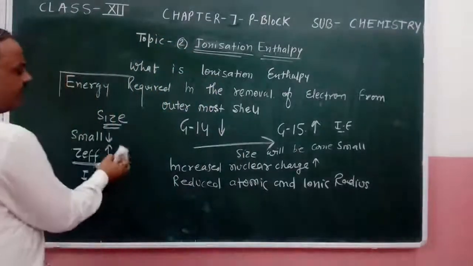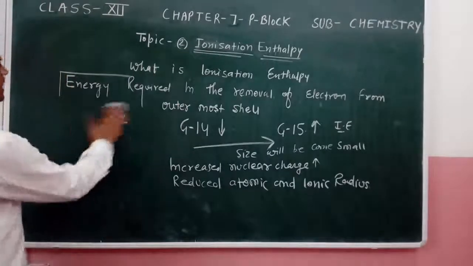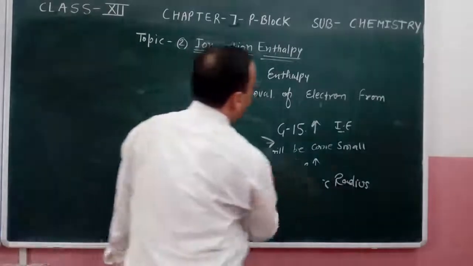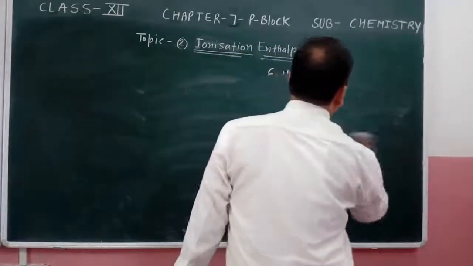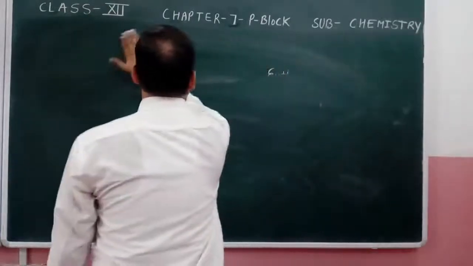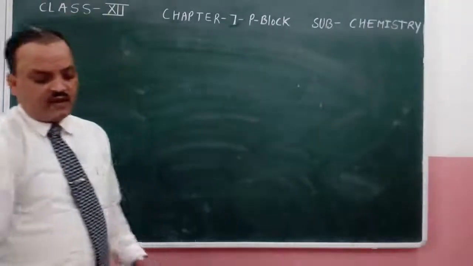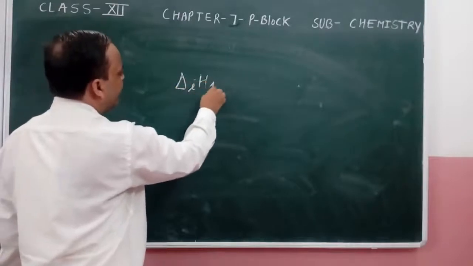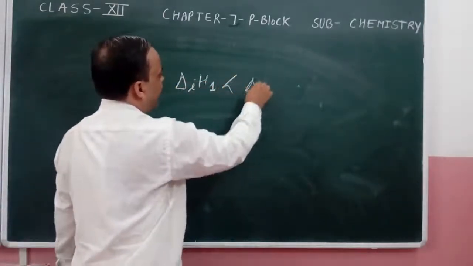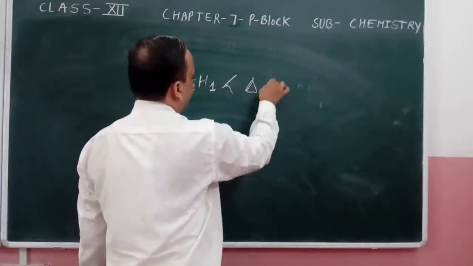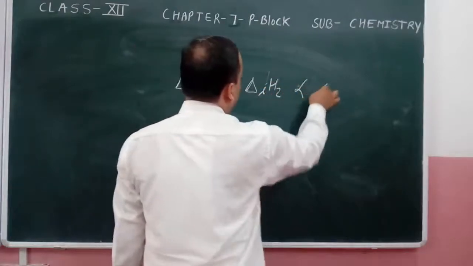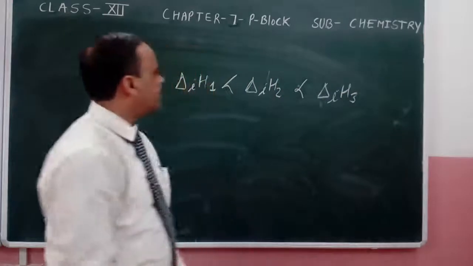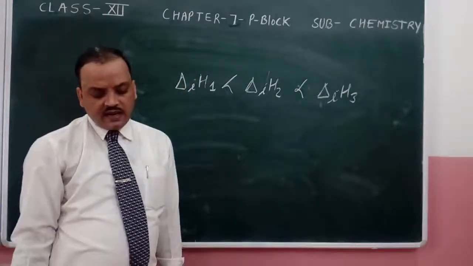Now successive ionization enthalpies. What is the meaning of this term? We understand what successive ionization enthalpy means: del I H1, del I H2, del I H3.